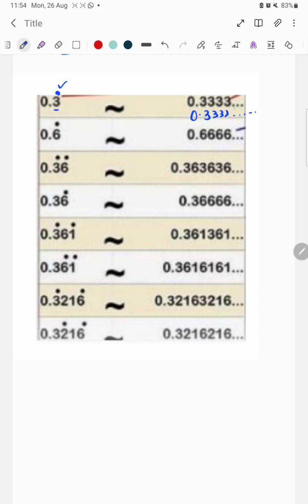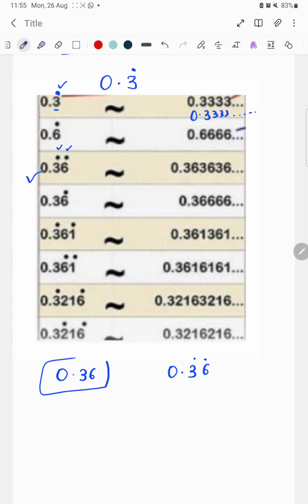So there are two ways to represent recurring decimals. First, you can write all the numbers, including dots at the end, or you can write it in a short form. Whichever digit is repeating, or the digits are repeating, you have to put a dot on the top of them. Second example is 0.36 and there is a dot on both the digits 3 and 6. Now if I write 0.36 plain, and 0.36 with a dot on each of them, they are different.